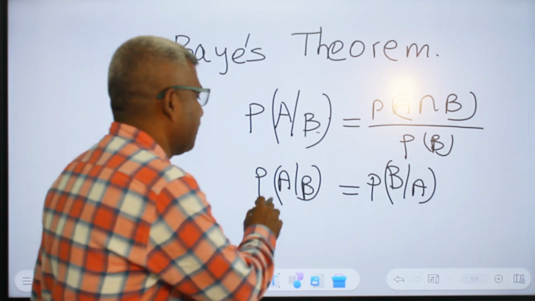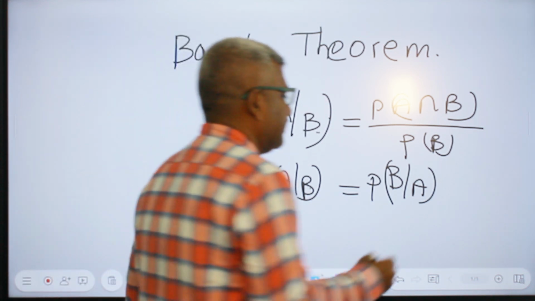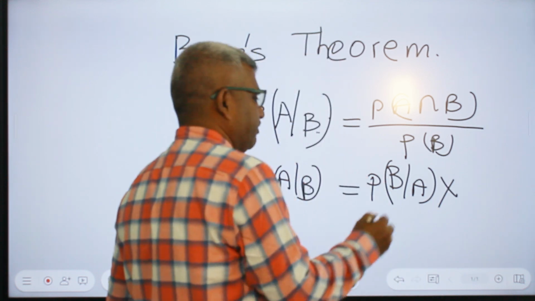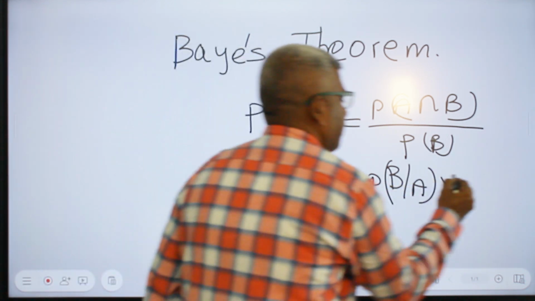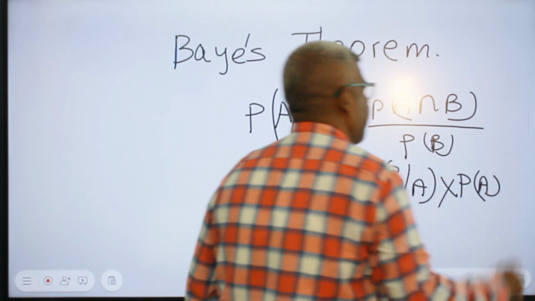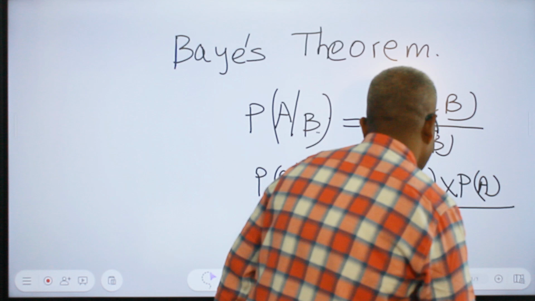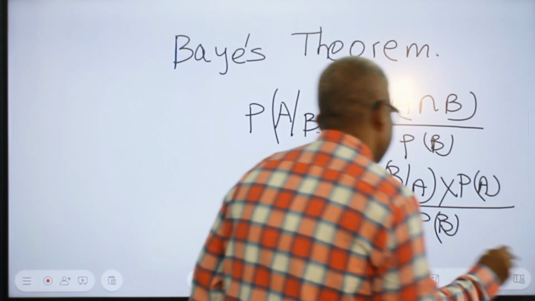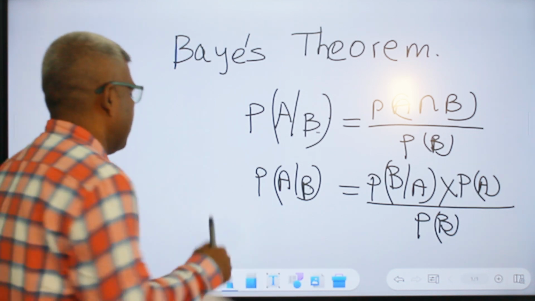To memorize, just multiply probability of B given A times probability of A and divided by probability of B. Understand? This is Bayes theorem.